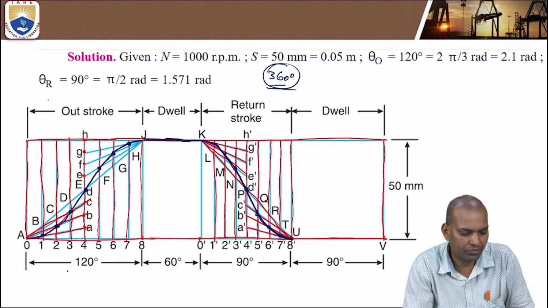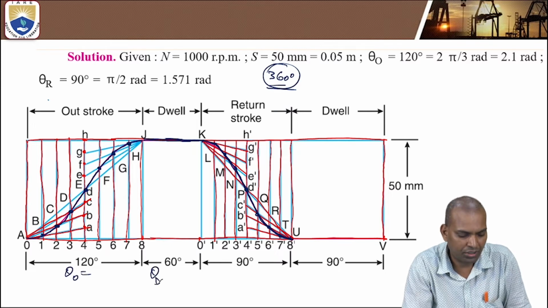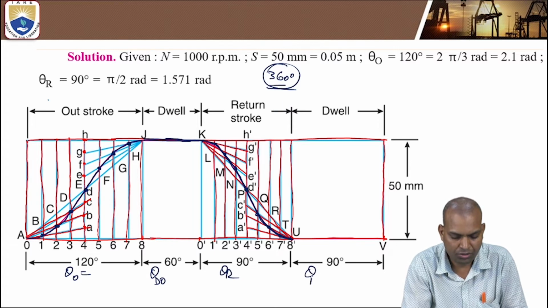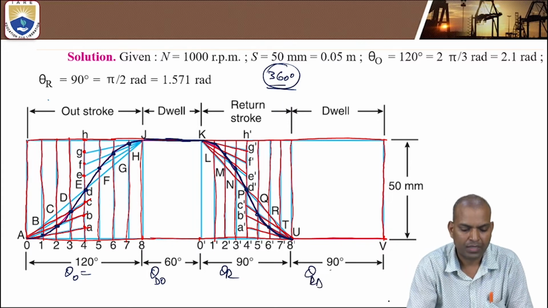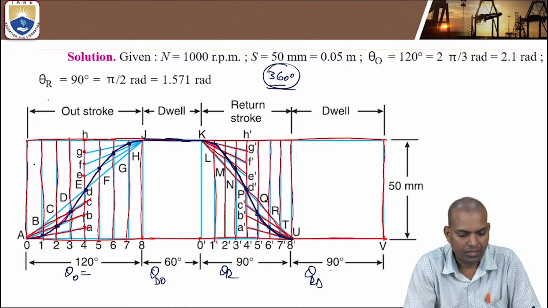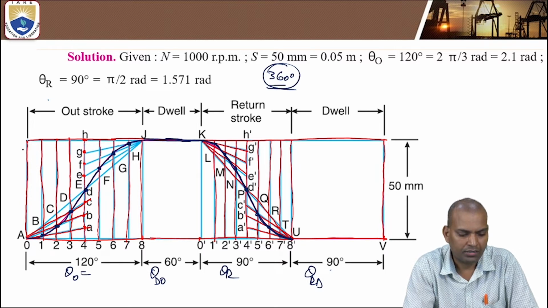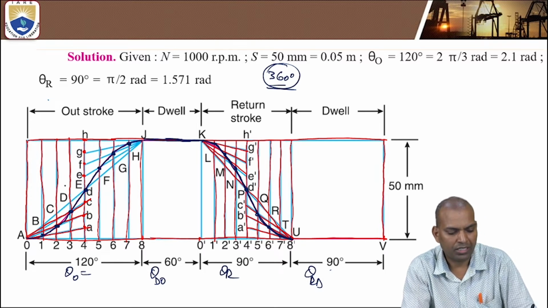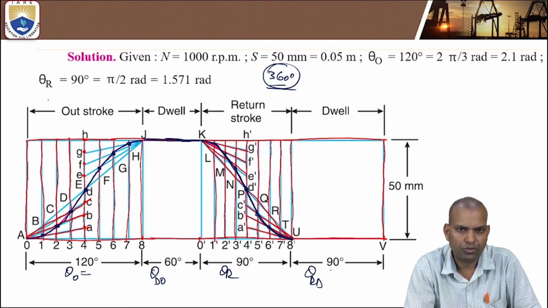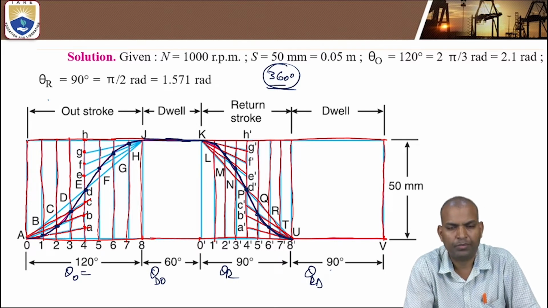Now here 120 degrees equals the outstroke angle, 60 degrees dwell during outstroke, 90 degrees return stroke angle, and dwell during return stroke is 90 degrees. So this is the path. What is the first step? Take a scale. Second step, draw the x-axis. Third step, draw the y-axis. Next step, divide the outstroke and return stroke with an even number of parts.